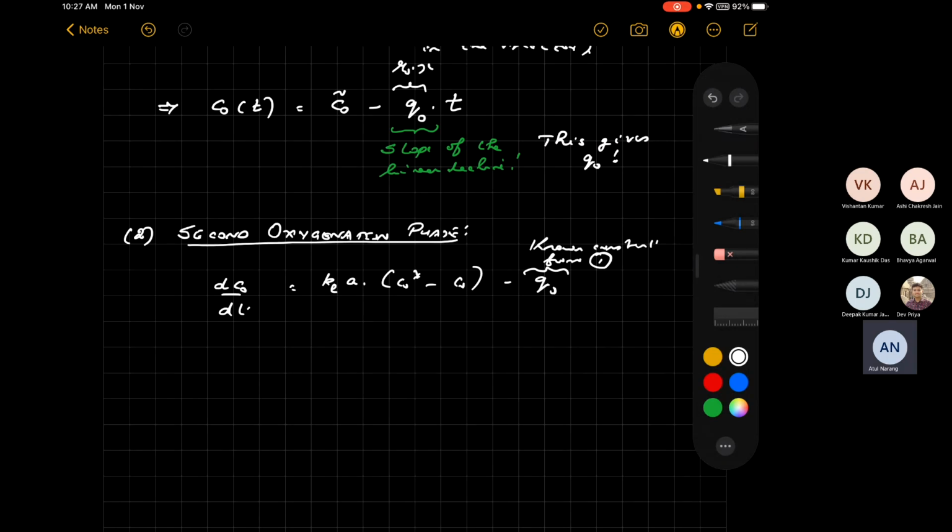We determined this in the deoxygenation phase. So how do I find out the value of KLA? One way to do it without integration is to rewrite this equation as dCO/dt plus Q0 equals KLA multiplied by (CO star minus CO), right?